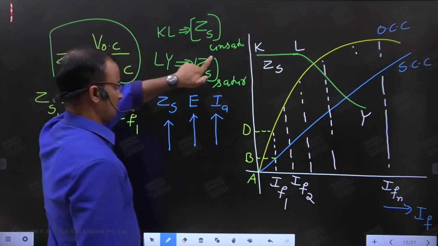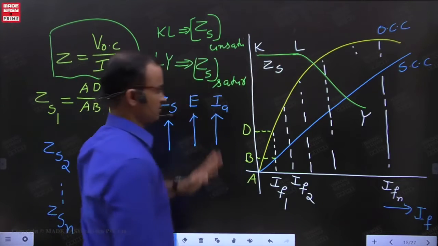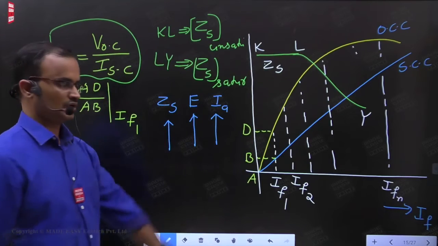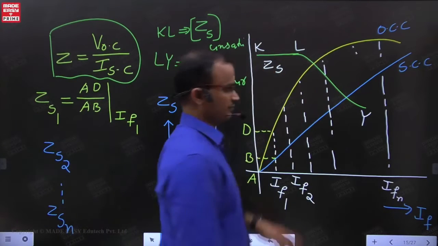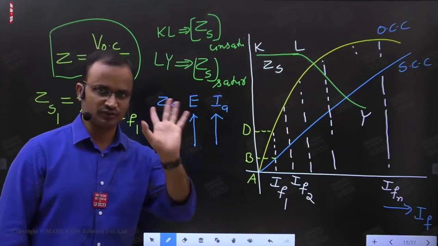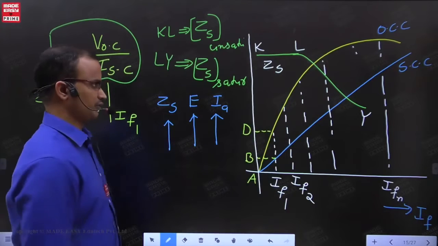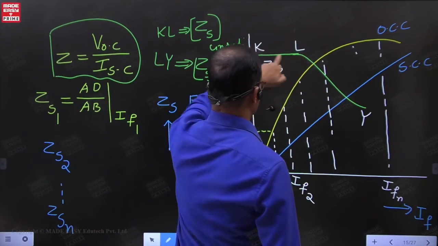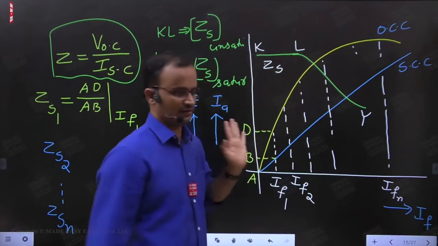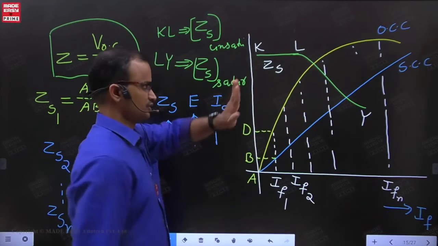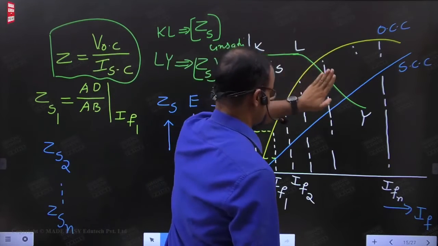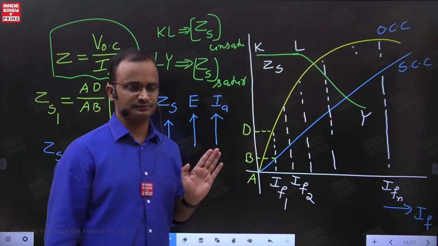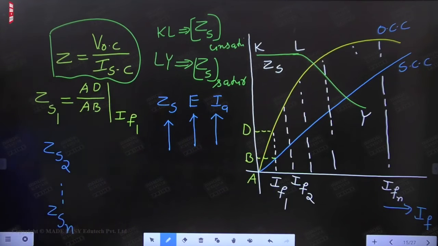One is that the unsaturated synchronous impedance is always a constant, and the saturated synchronous impedance is a variable. That is one objective question. And one more is that every time the unsaturated synchronous impedance is greater when compared to the saturated synchronous impedance. Draw this graph.